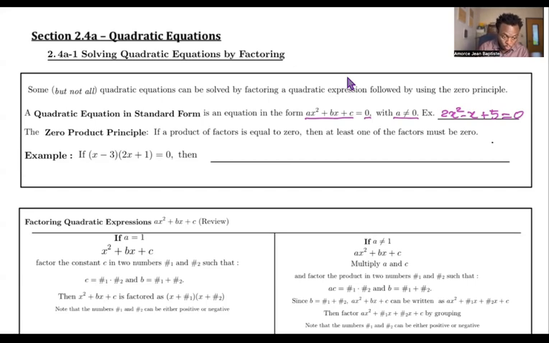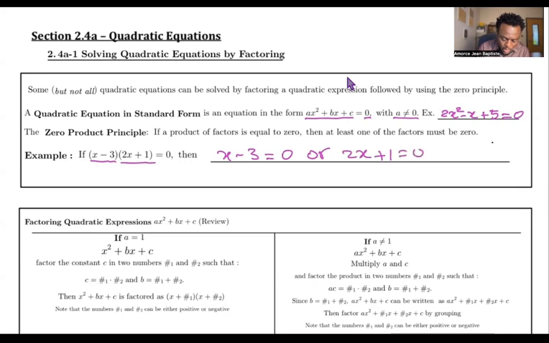The zero product principle says that if the product is 0, at least one of them is 0, so you can test what happens when each of them would be 0. So this factor times this one equals 0 means it's either x minus 3 equals 0 or 2x plus 1 equals 0.